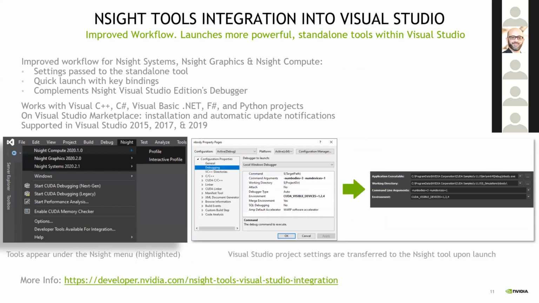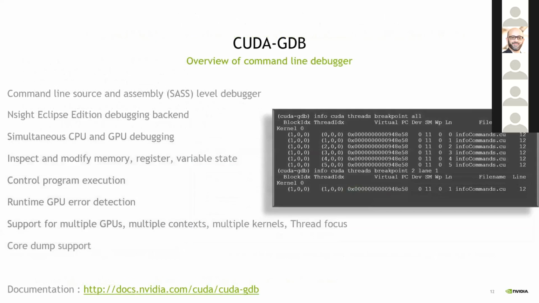But what is offered inside Visual Studio is the integration of different profiling tools like Nsight Compute and Nsight Systems from Visual Studio itself. Once you have run a profiling session using Nsight Systems, all the settings stay in the same place, and you can do a new low-level profiling of the kernels themselves with Nsight Compute without having to enter the settings again. That makes it really easy.